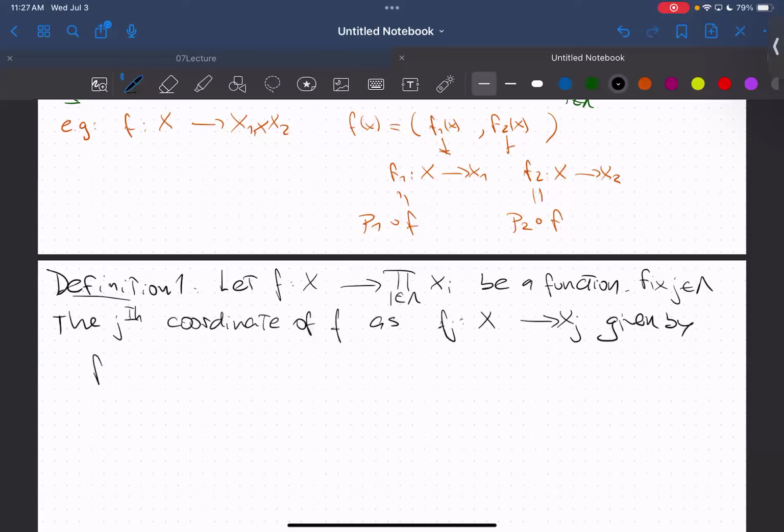So fj goes from x to the Cartesian product and then projects. Here's your pj, here's your f. In other words, you can just say your fj is first do f and then do pj. So this is the definition.